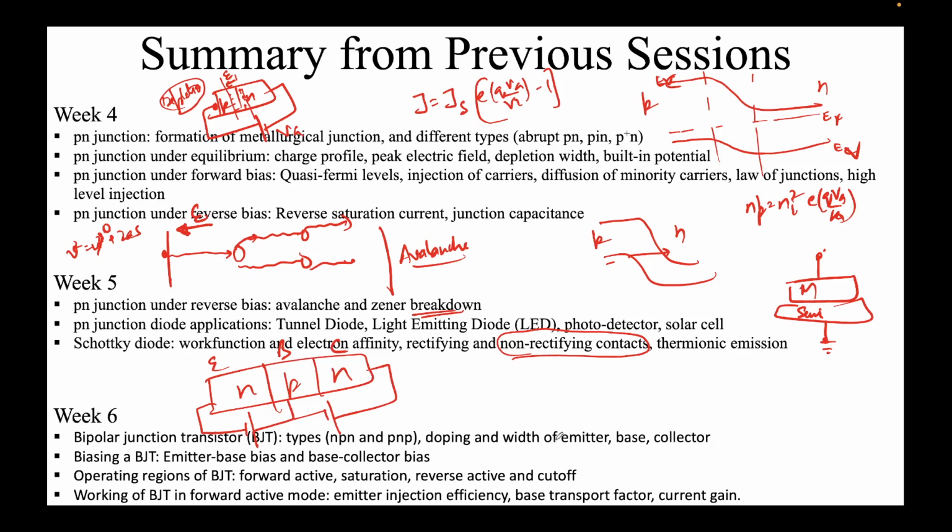There were various other things we saw: emitter injection efficiency, and the current gain, which was IC over IB. The base transport factor is how many electrons are reaching the collector, which was IC over IEN, the number of electrons coming from the emitter side per unit time. That's why the current IEN.